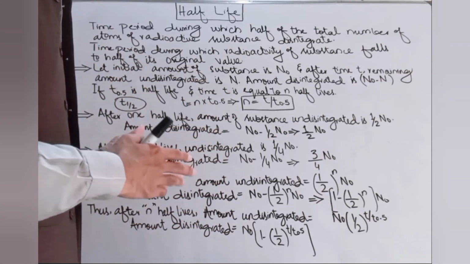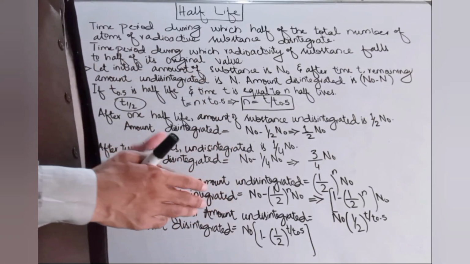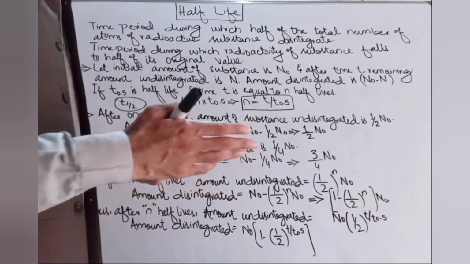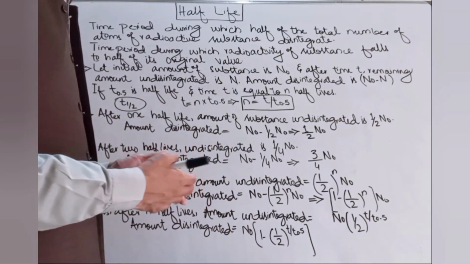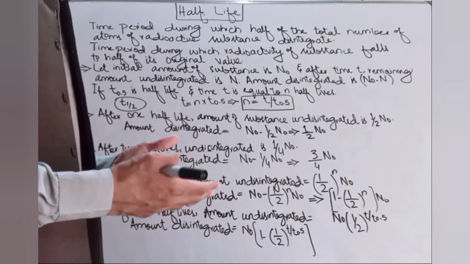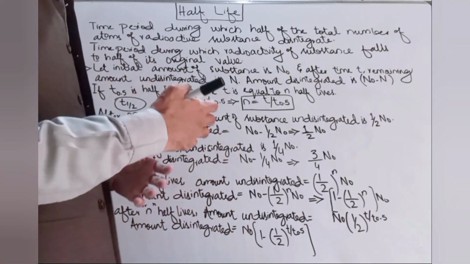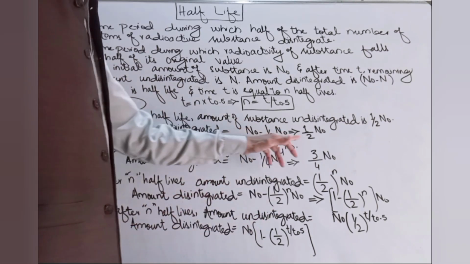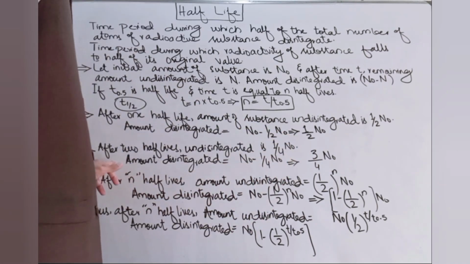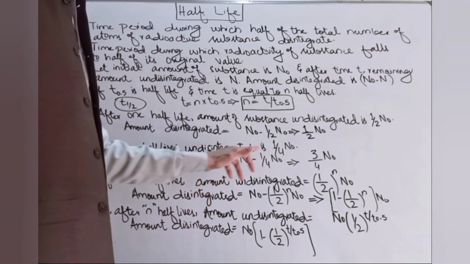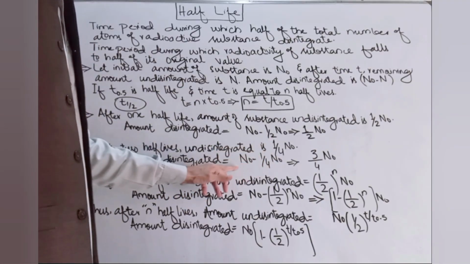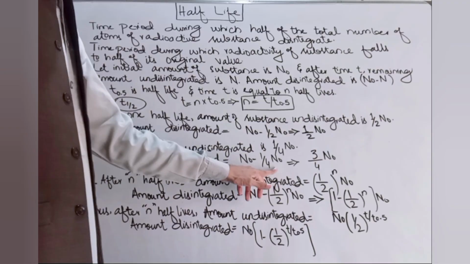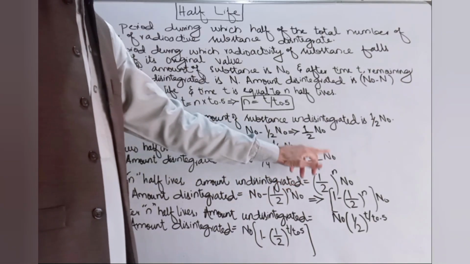If the number of atoms was 1000 at start, after one half-life it was 500, and after two half-lives it was 250 atoms. Again and again it becomes half, so that equals 1/4 N0. The amount disintegrated is N0 minus 1/4 N0, and if we take the LCM, it is 3/4 N0.